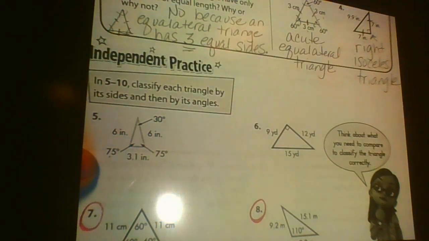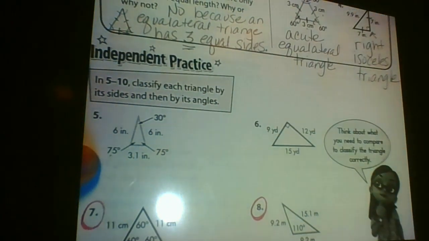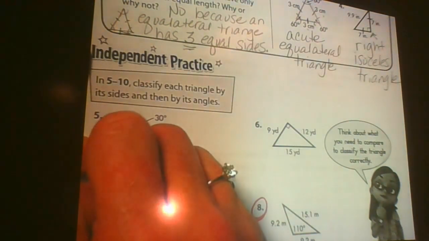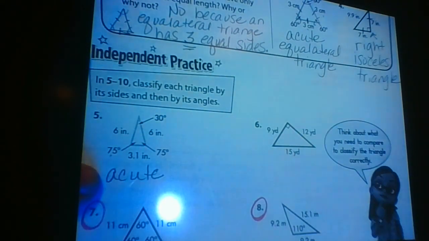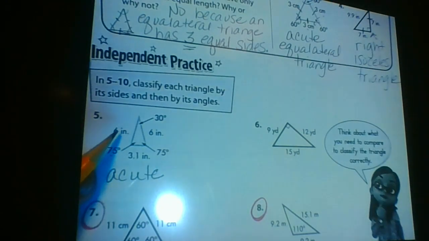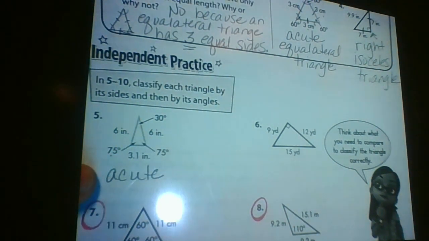Do I have a 90-degree angle here? No, I don't have a right angle. Do I have angles that are less than 90 degrees? I sure do. I have 3 of them. So that makes this an acute triangle. Okay, so it's acute. Now, step 2, I look at the sides. I have a side of 6 inches, a side of 3.1 inches, and a side of 6 inches.